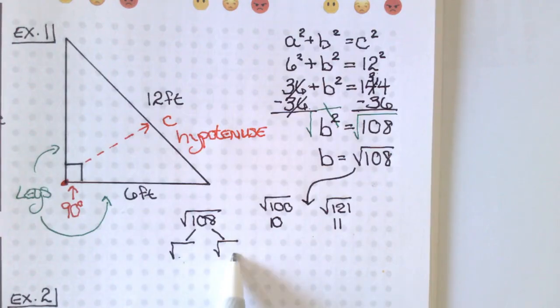What are two numbers multiplied together? One will be a perfect square, and the other will be a prime number.